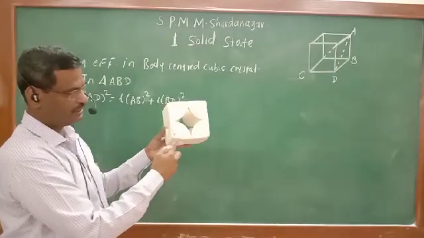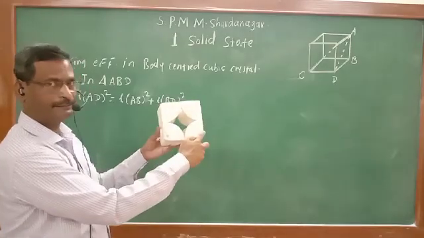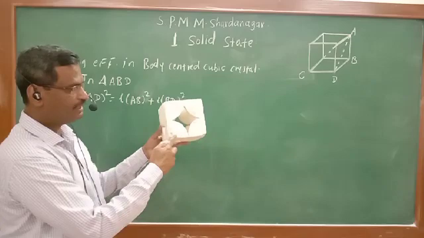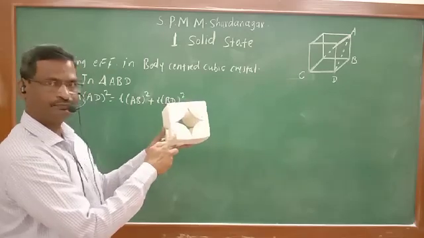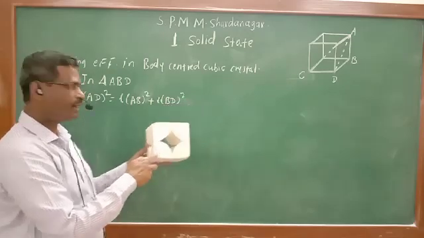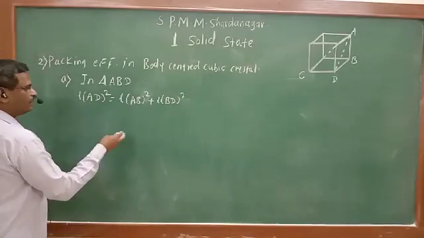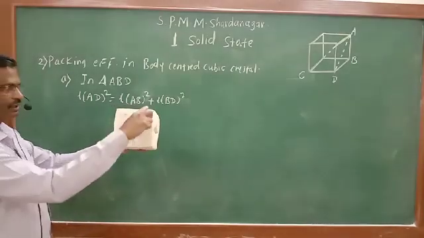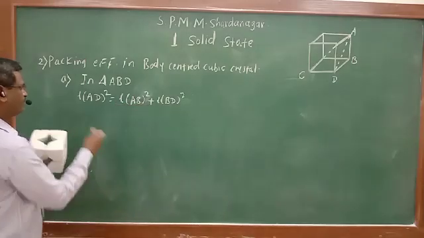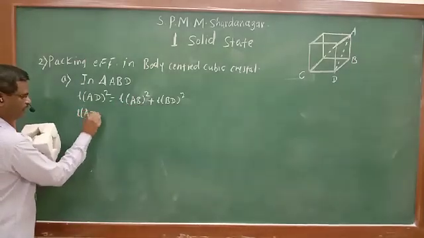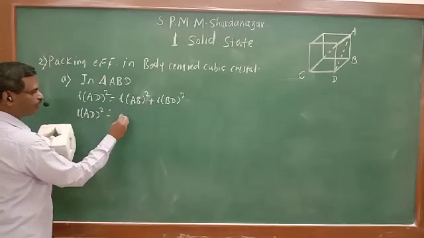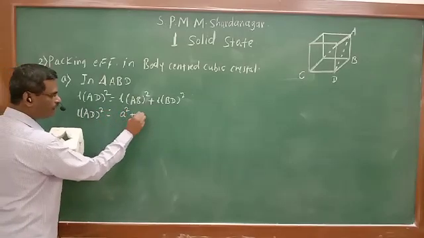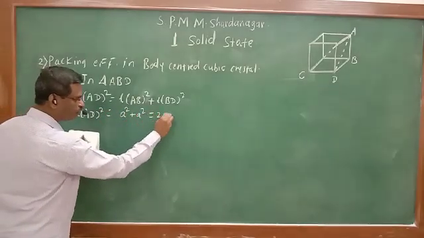We know here AB is A, BD is also A. Therefore length AD square will be equal to A square plus A square, that is equal to 2A square.